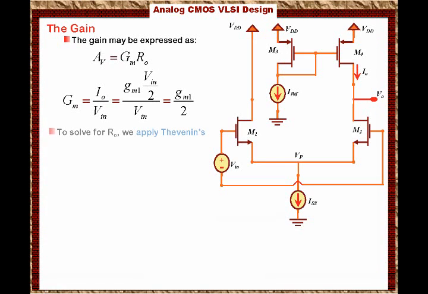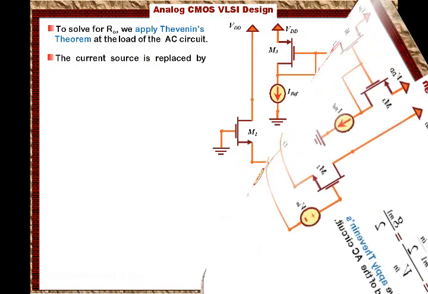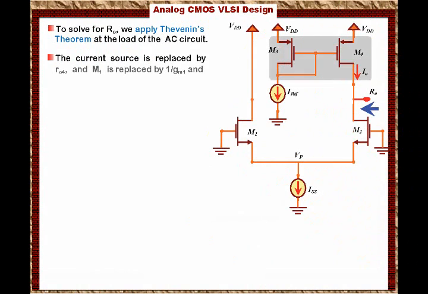To solve for RO, we apply Thevenin theorem at the load of the AC circuit. Then the current source is replaced by RO4, because looking back into the transistor M4, we will only see RO4. And M1 is replaced by 1 over Gm, and M2 is replaced by RO2.